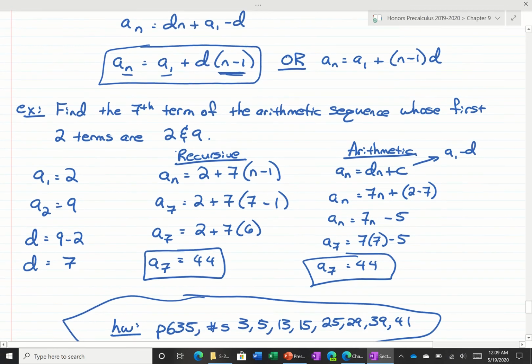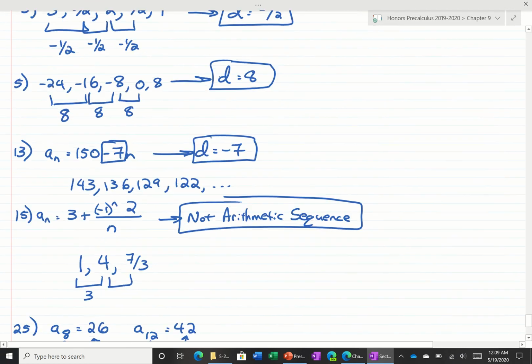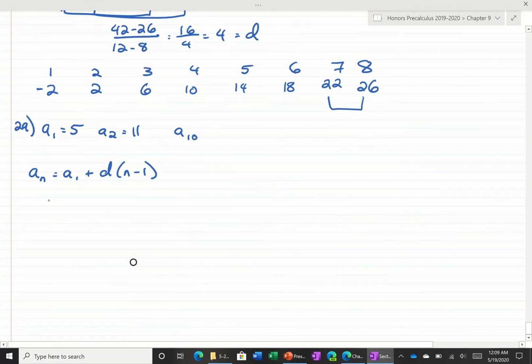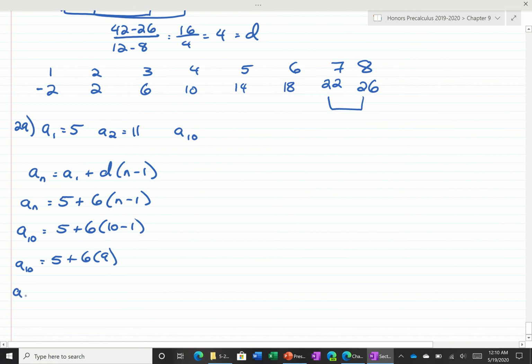The first term is 5, common difference is 6, and we want to find the 10th. That means the 10th term would be 5 plus 6 times 9. 6 times 9 is 54, plus 5 is 59. This is the answer for number 29.